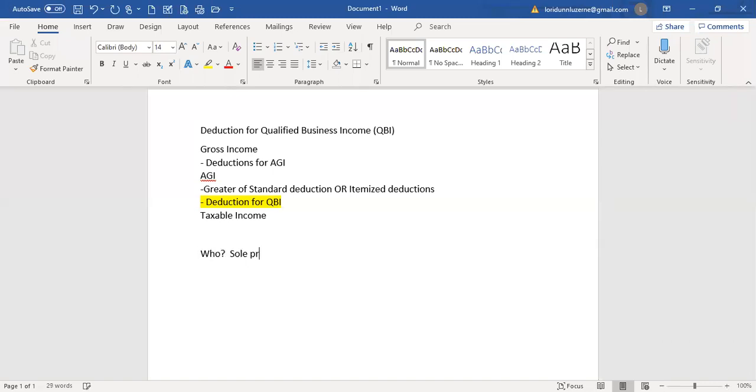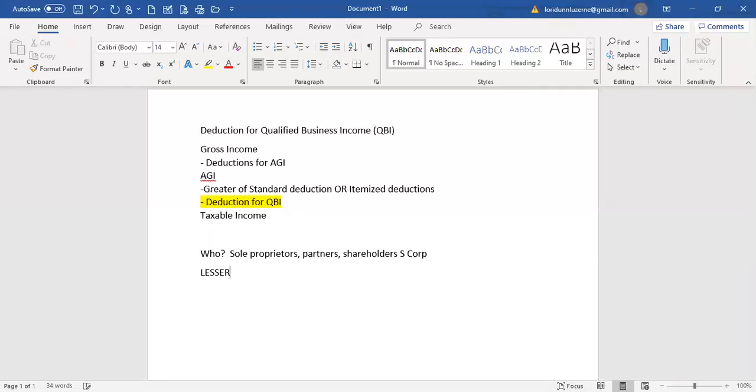Sole proprietors, partners in general partnerships, and owners, shareholders in S corporations. Because these are the individuals who take the profits of their business and report them on their tax return and pay income tax on their personal tax return.